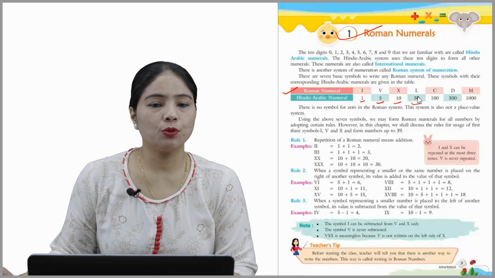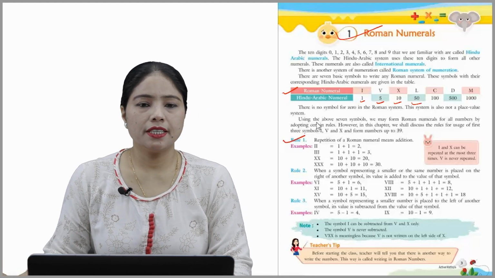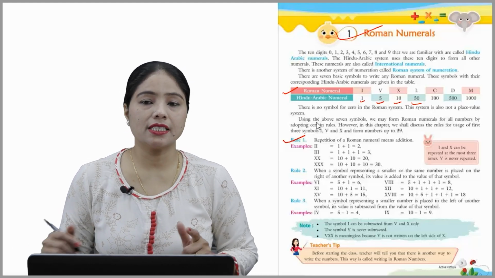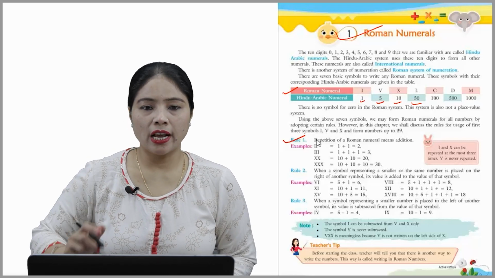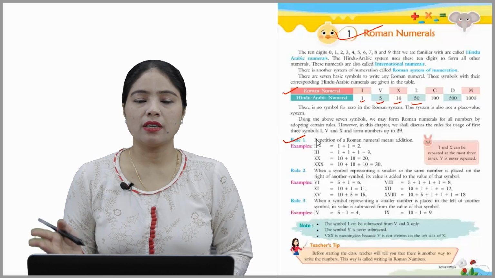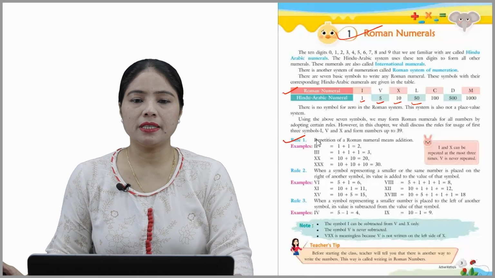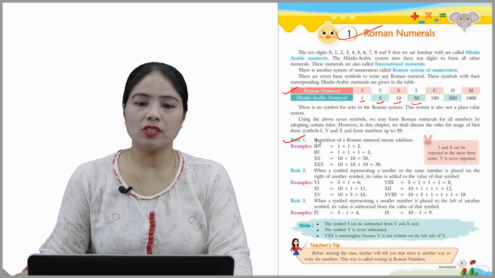So, let's start with rule number 1, beta. Here it is given: repetitions of Roman numerals means addition. Like I and I, if it comes 2 times, that means 1 plus 1, 2. And this is I 3 times. If it is repeating, this means 1 plus 1 plus 1, that means it's 3.